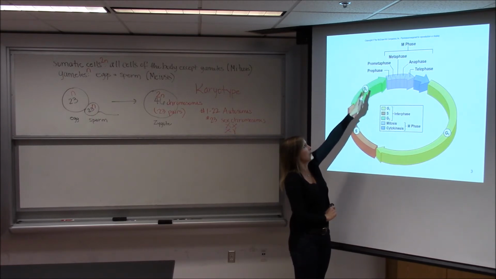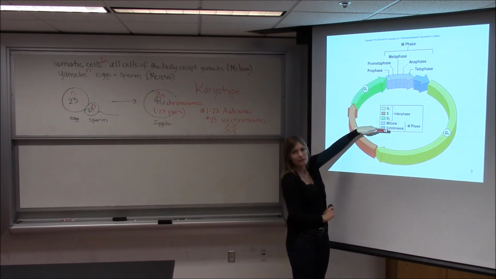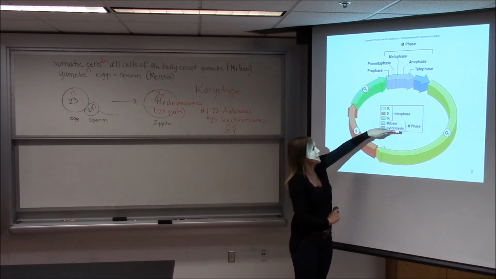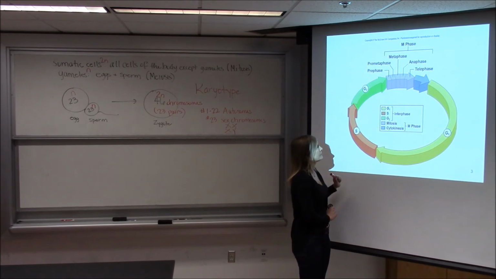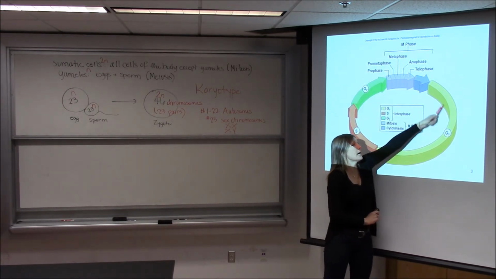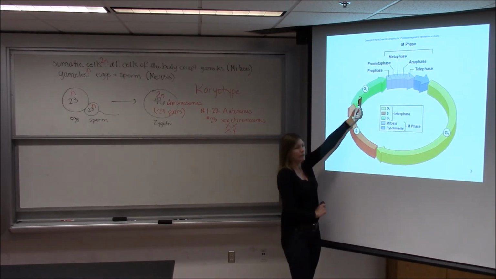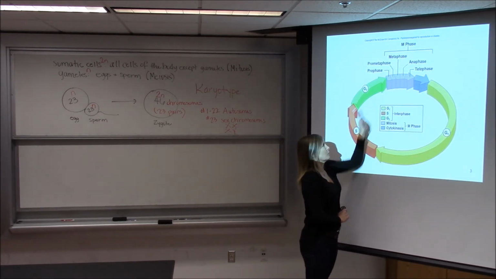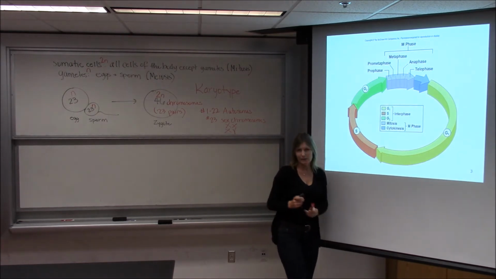Prophase, prometaphase, metaphase, anaphase, telophase, and then cytokinesis, the cytoplasm of the cell dividing. We're going to talk about what happens in all of these stages, and we're going to talk about what happens here. Less detail here, more detail in mitosis.